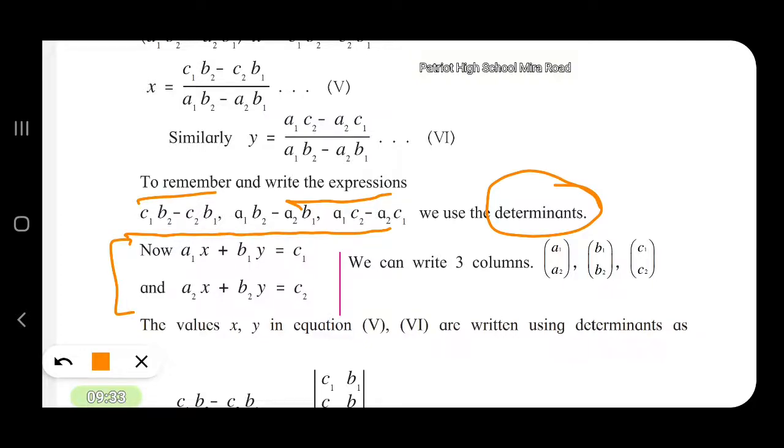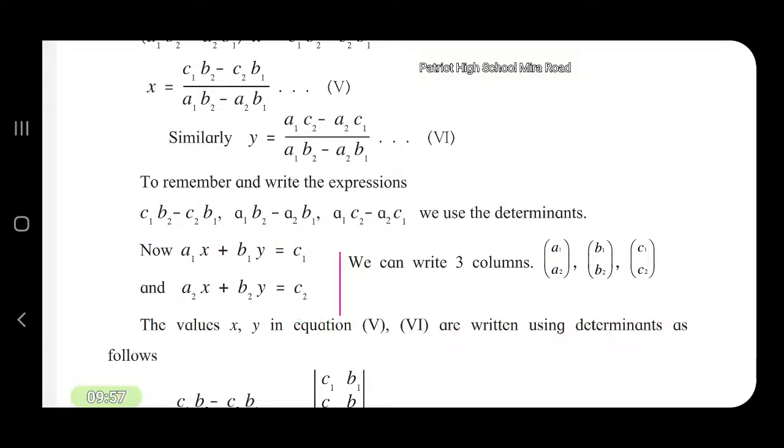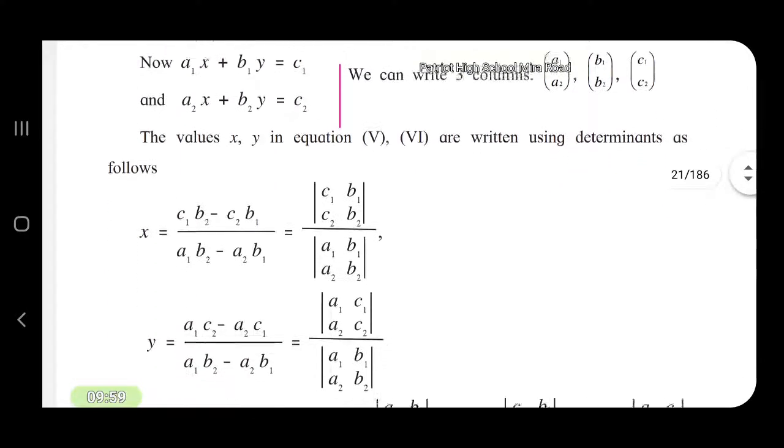We write three columns, a1 a2, b1 b2 and c1 c2. The values of x and y in 5 and 6 are written using determinants as follows.